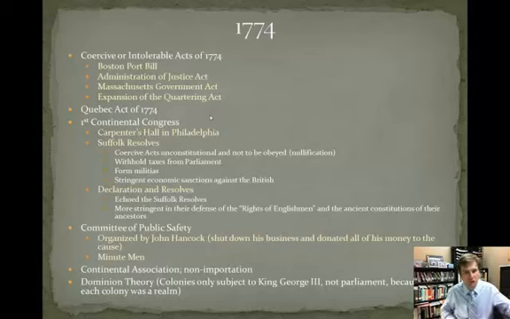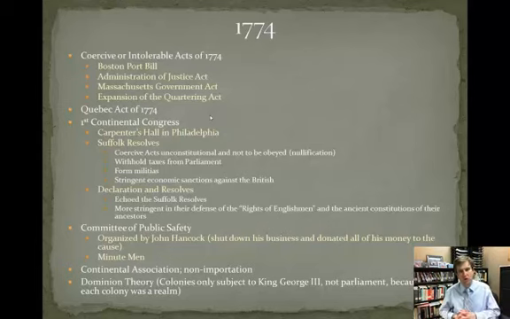Because they're unconstitutional, people should not obey them, and the colonial governments would not obey them. They also said they would withhold taxes from Parliament because of this activity. And they were going to form militias, and they were going to enforce stringent economic sanctions against the British. The Declaration and Resolves echoed the Suffolk Resolves.